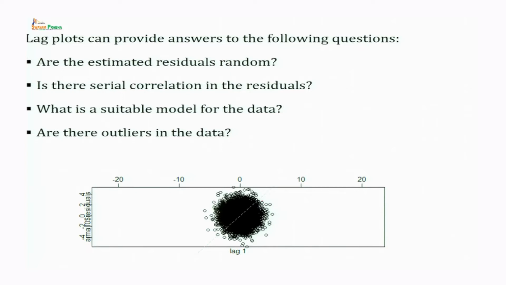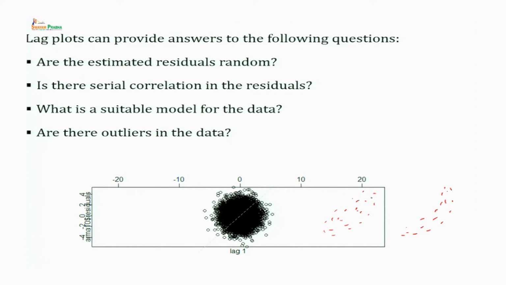So, you can easily say that these residuals are distributed randomly. In case you observe some kind of pattern, so suppose your graph is something like this, or somewhat like this, then you cannot say that your residuals are distributed randomly.